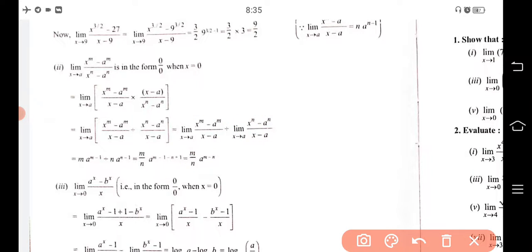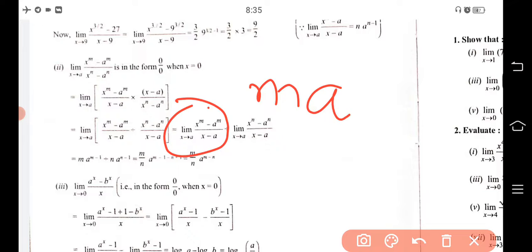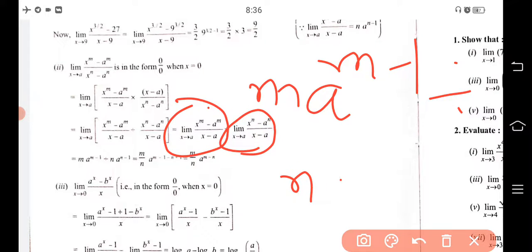After putting the limit, what are we going to get? As you know, according to this formula, or according to the first theorem, for the first term we are going to get m into a to the power m minus 1, which is divided by the second, where we are going to get n into a to the power n minus 1.